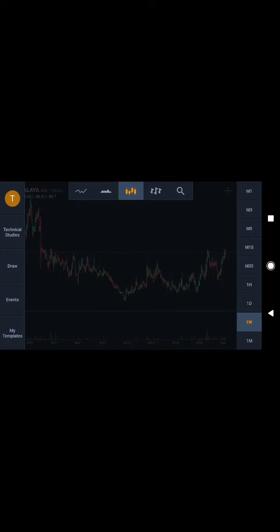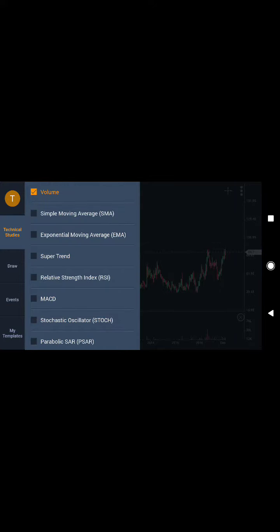On the left side you have technical studies, simple moving averages, exponential moving averages. We were taught using exponential moving averages by Naresh sir. The rest of the indicators I don't use. I use RSI also. Mostly on mid caps you don't need RSI, but it is for your confirmation bias.